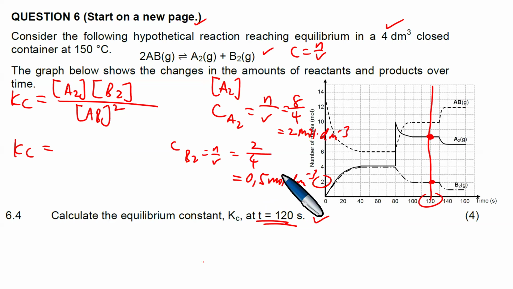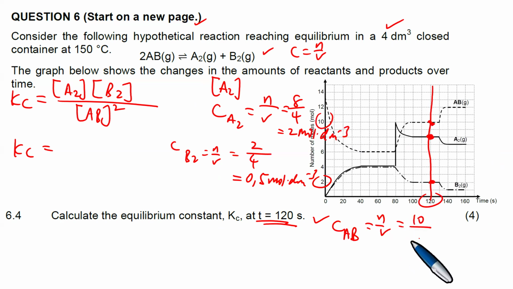Okay, we're going to substitute everything quickly just now, and then we're going to do another concentration, of AB, which is number of moles over volume. Let's deal with AB, but at 120 seconds, AB is this guy here, and it's exactly 10.